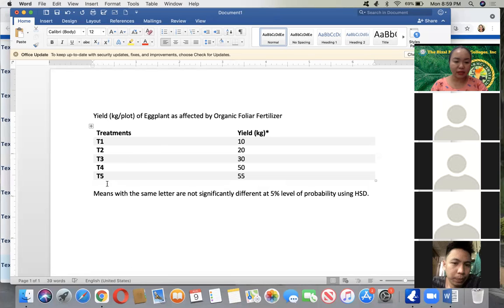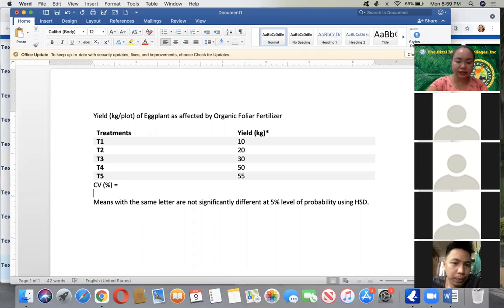So there is that. And then you're going to write the CV too, in percentage. So this, the coefficient of variation, will tell you how reliable the data is, and of course what the asterisk means. One asterisk is 5%, and double asterisk is 1%. Asterisk means that it is significant.